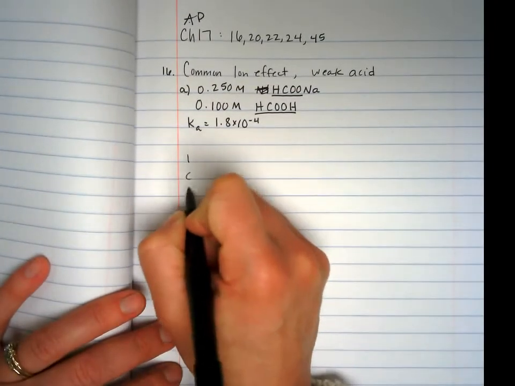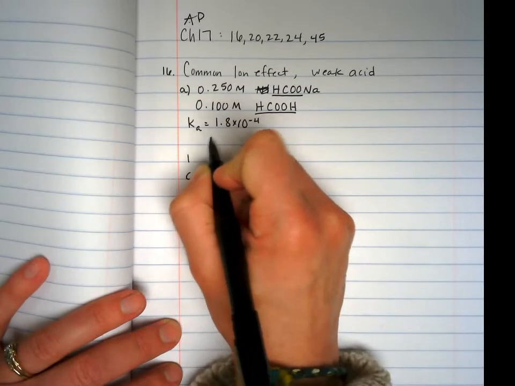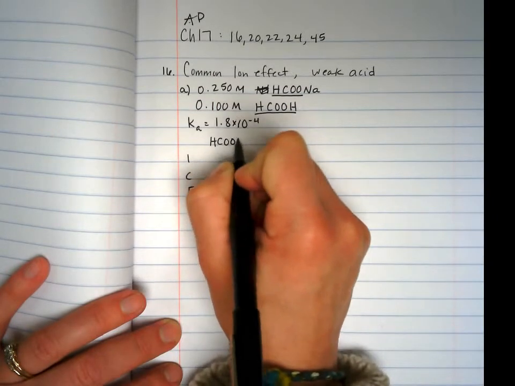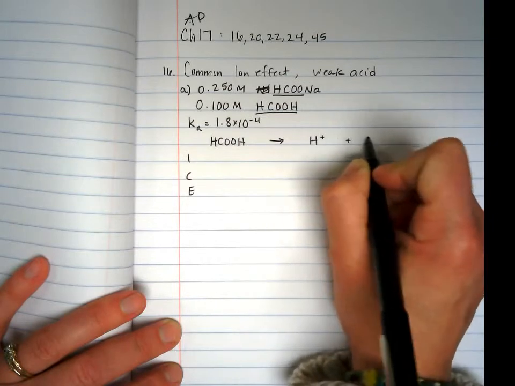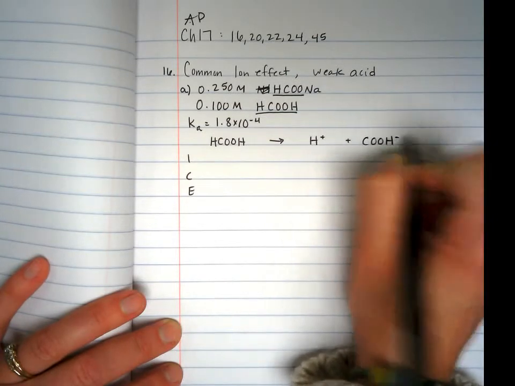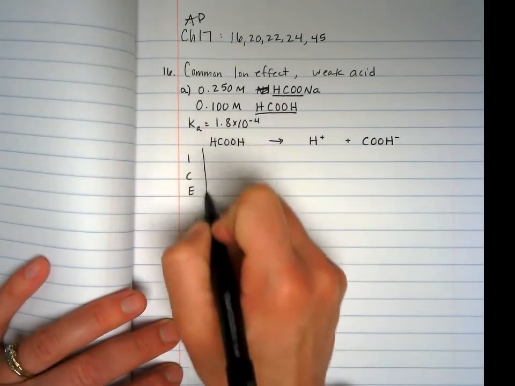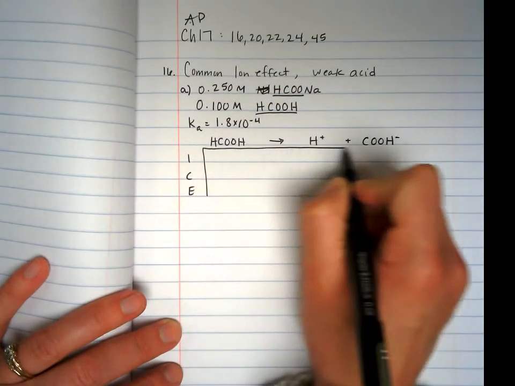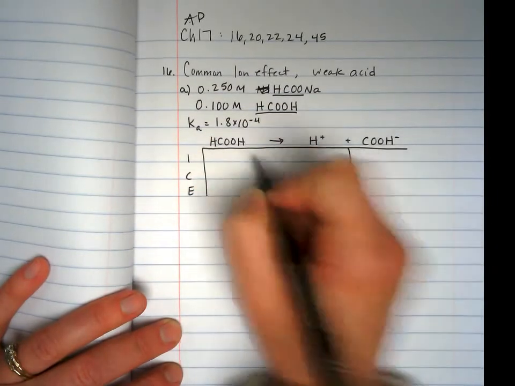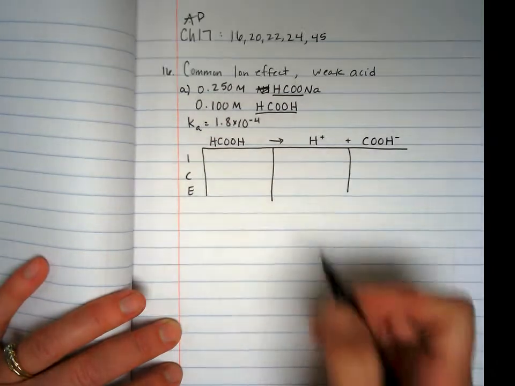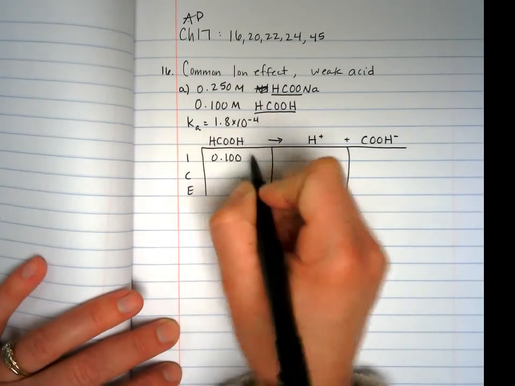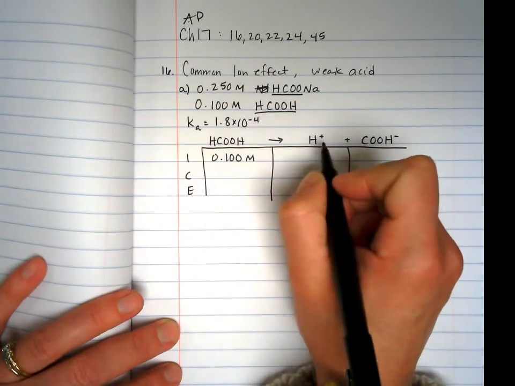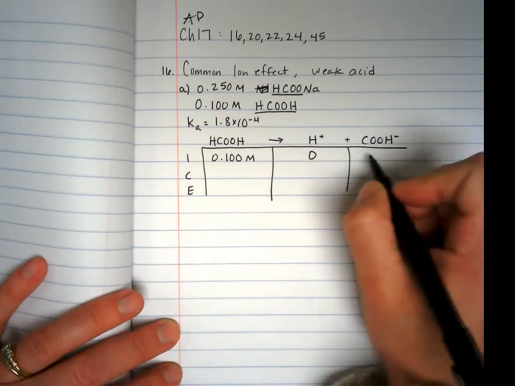All we're going to do is set up an ICE box problem for formic acid breaking down. So initially for formic acid I have 0.100 moles per liter.